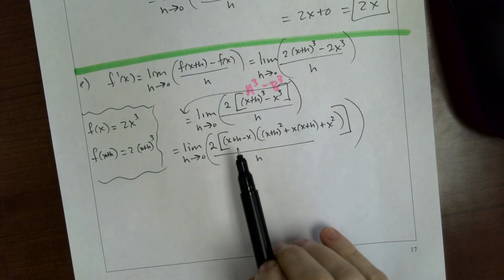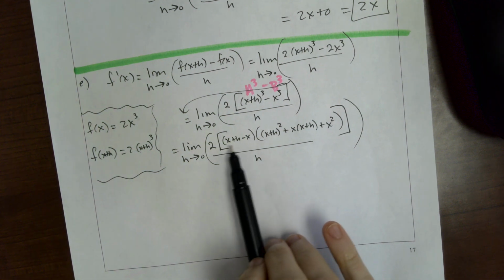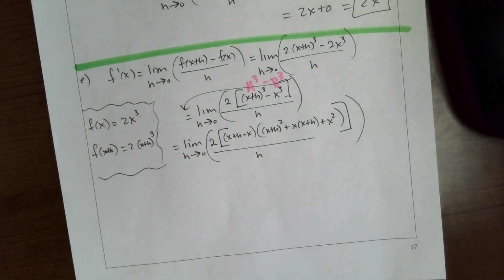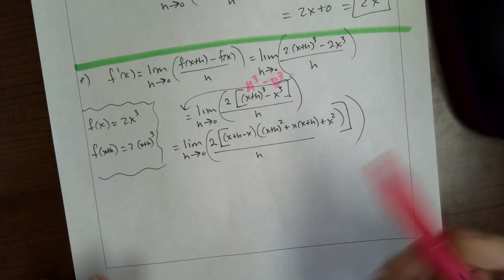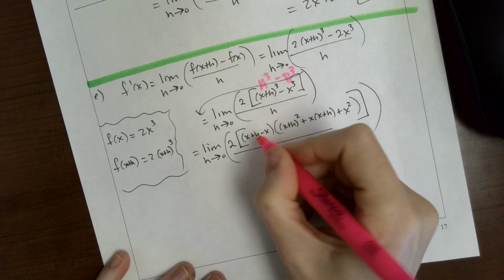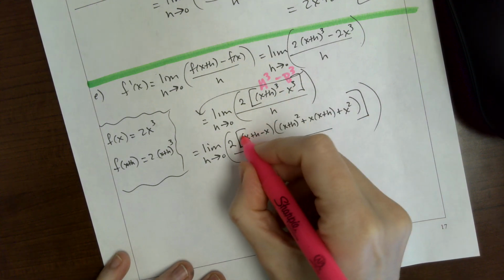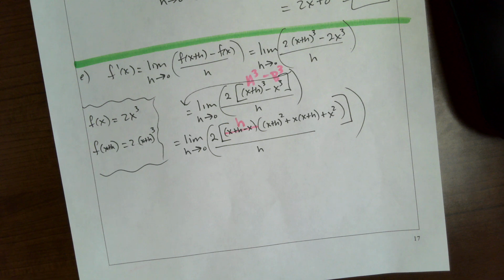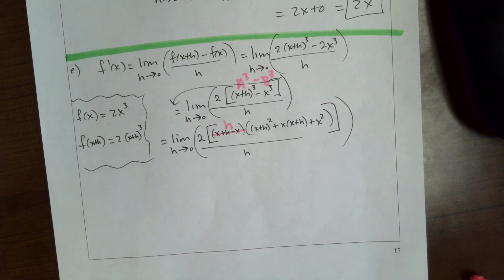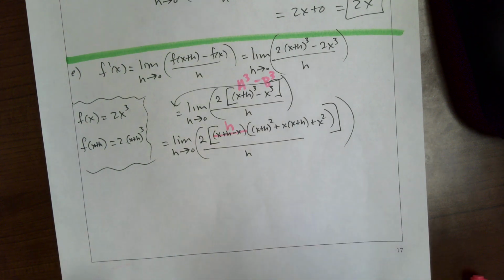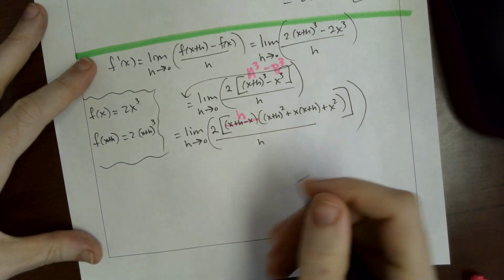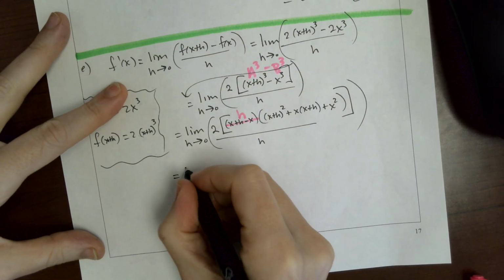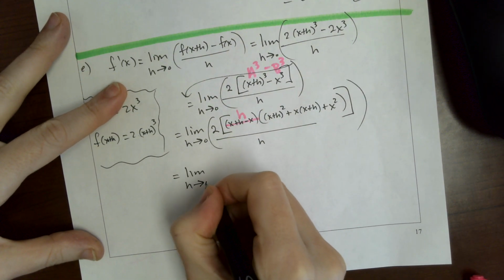And then you can see what's happening here is that these x's are canceling. So just to save myself some writing, guys, let me cross this off nicely, and then I'll just put an h there. So that whole thing is just h. So these h's are going to cancel, which is exactly what we want to happen. So this is the limit as h approaches 0.